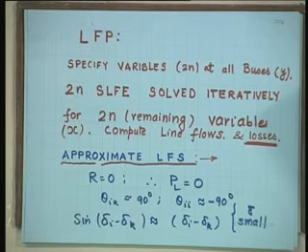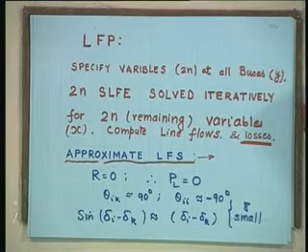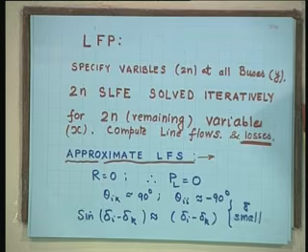Finally, we compute line flows followed by losses, because these are very important for many power system studies, to see whether line flows are within limits, whether power system security is maintained, whether we are fulfilling the contractual obligations, and whether losses are within limits.